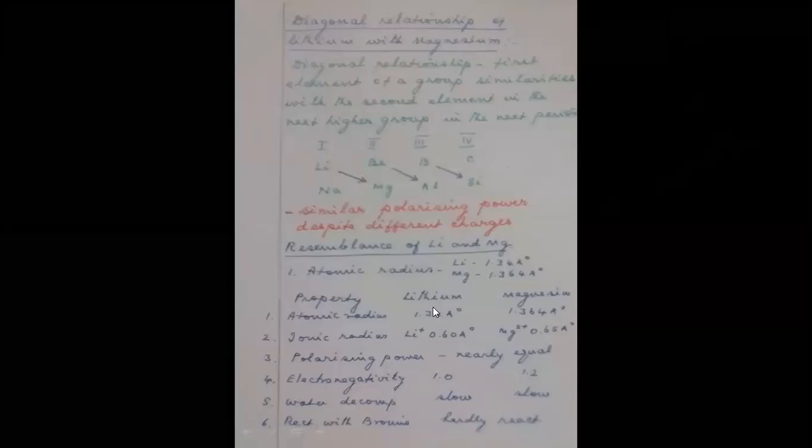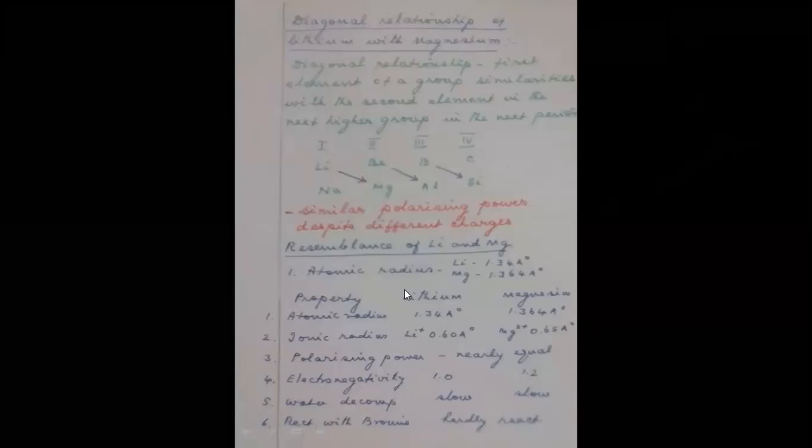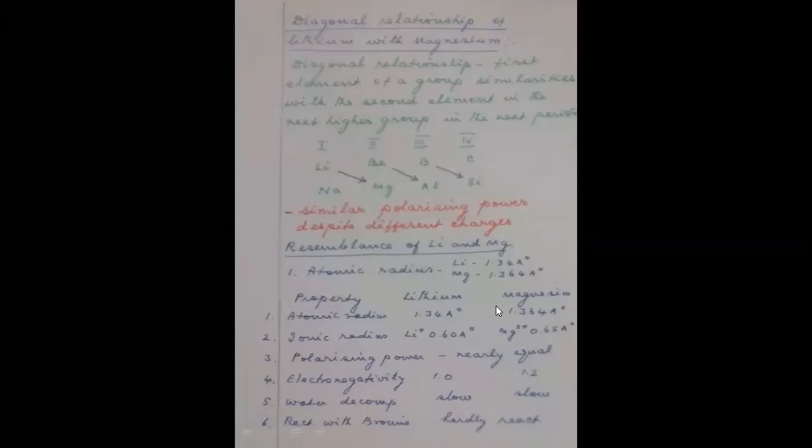Now I have just divided this into three columns. First one is property, second one is what it is for lithium and what is it for magnesium. So atomic radius, it is 1.34 angstrom unit, and 1.364 angstrom unit. Ionic radius for lithium plus it is 0.60 angstrom unit.